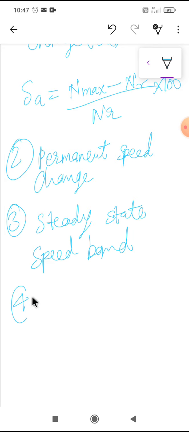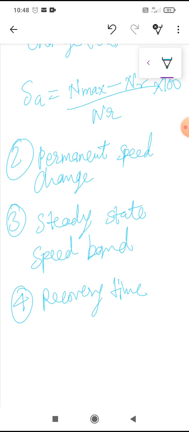Then the fourth is recovery time. It is the time interval from the point when the speed exceeds the steady state speed band after the load change, until the speed settles and remains within the steady state speed band associated with the new load.